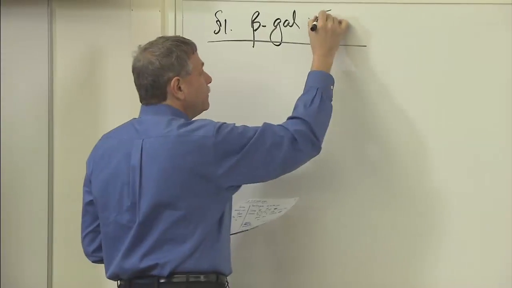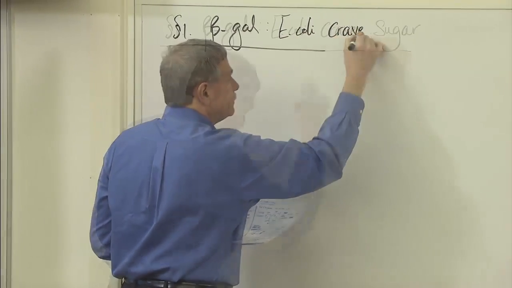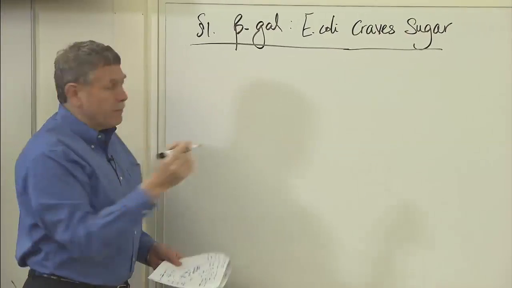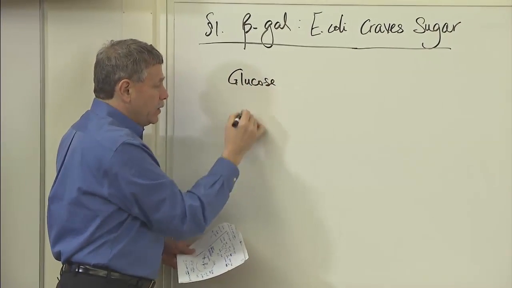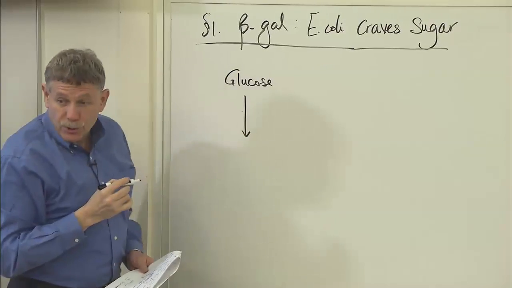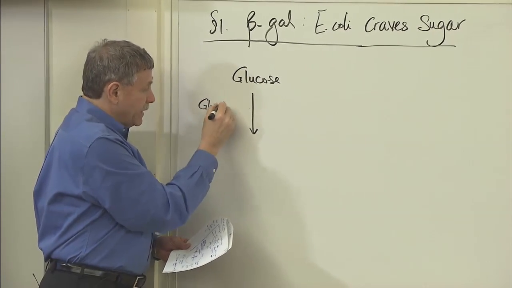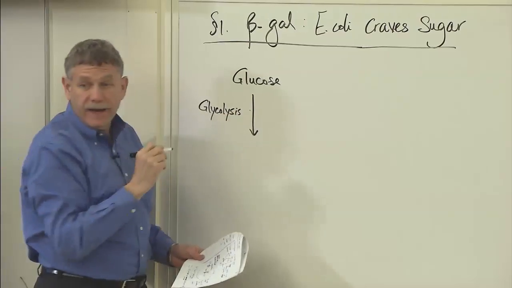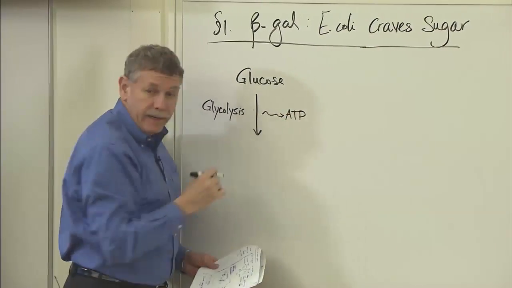E. coli craves sugar. So you remember we talked about how E. coli loves glucose because it uses glucose to make ATP. It has glycolysis, the pathway we talked about in great detail, that throws off ATP.